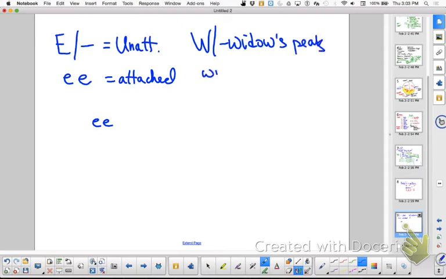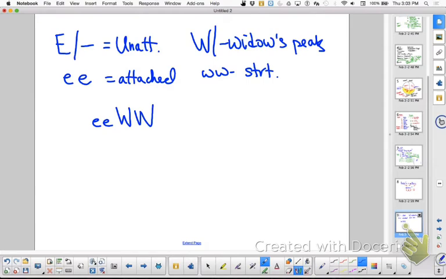So little w would be what? Straight. So what would homozygous dominant be for hairline? Big W. Right. You all right so far?